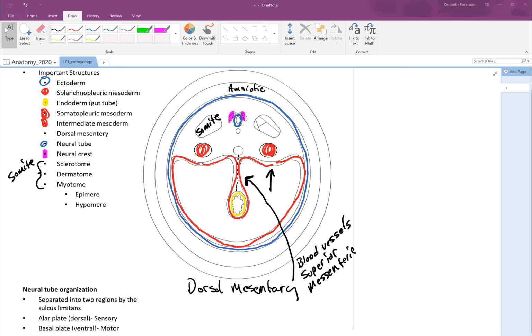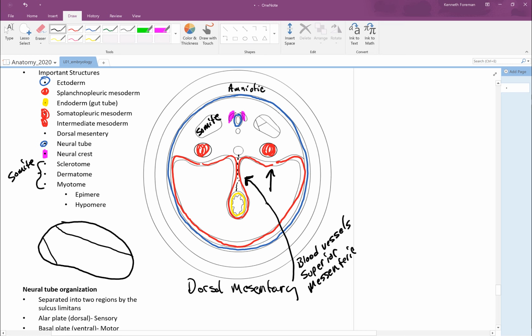And if I enlarge the picture a little bit here and draw it in an enlarged view, it's basically divided up into three major divisions. Those three major divisions would be the dermatome, which is 1, the myotome, which is 2, and the sclerotome, which is 3. So you can see it here, 1, 2, and 3.